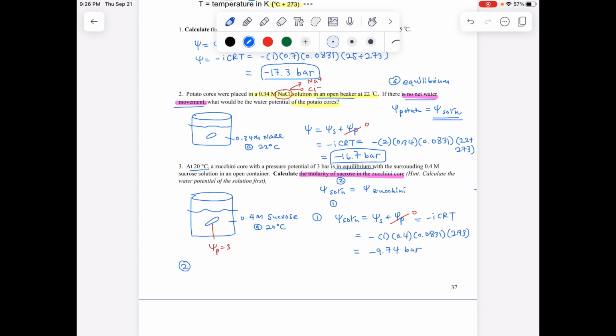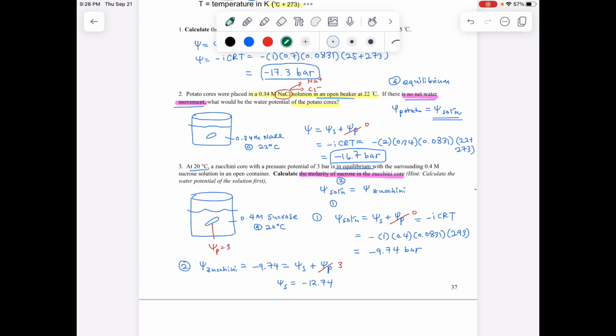Again, calculating this gives us the total water potential of the zucchini, right? So that's negative 9.74. And again, water potential is calculated by solute potential plus pressure potential. In this case, pressure potential is given. It's equal to 3. So that means the solute potential of zucchini is equal to negative 12.74.